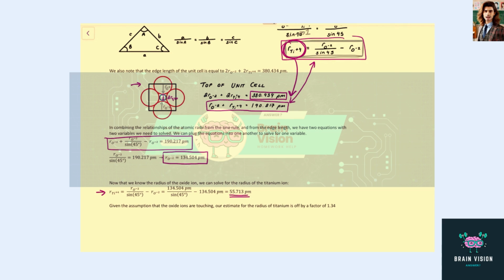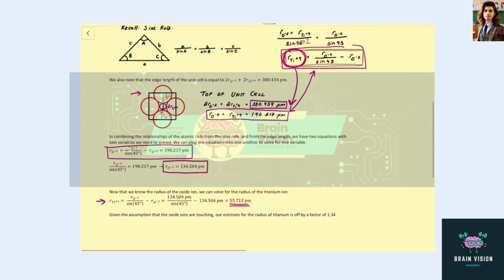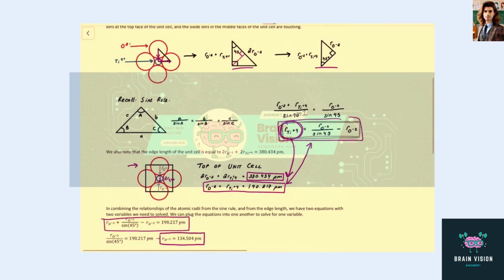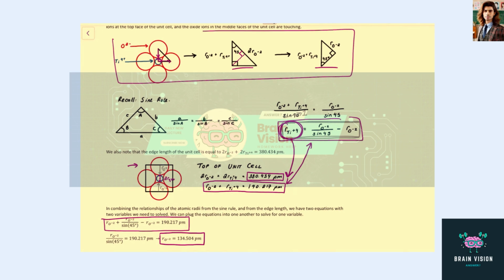So given the assumption that the oxide ions are touching, which was the main assumption we needed in order to get this sine rule applicable relationship, our estimate for the radius of the titanium ion is off by approximately a factor of 1.34.